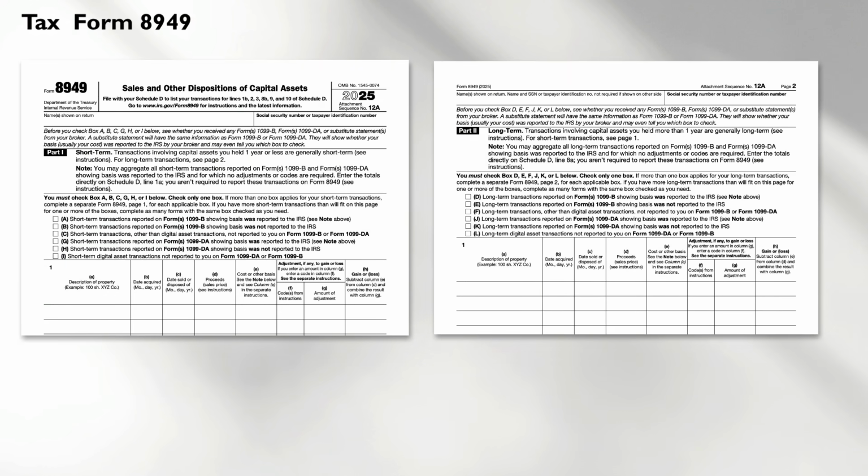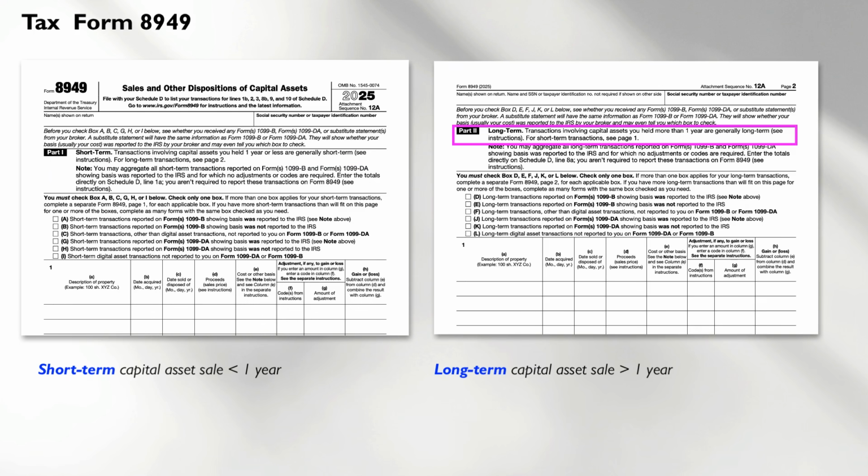Form 8949 is divided into 2 main parts. Part 1 is for short-term transactions, which are assets held 1 year or less. Part 2 is for long-term transactions, which are assets held more than 1 year.